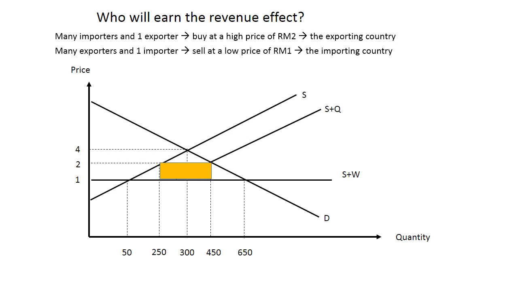The importer will then sell in their country at 2 ringgit. So the importing country will earn the revenue effect.